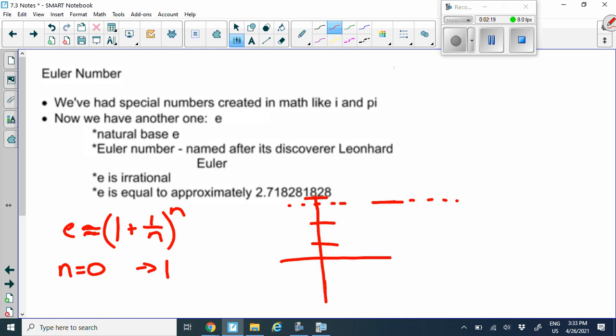There we go. Okay, if we plug 1 into here, that's going to be 2. So at 1, boom, and then our values get very, very close to here.